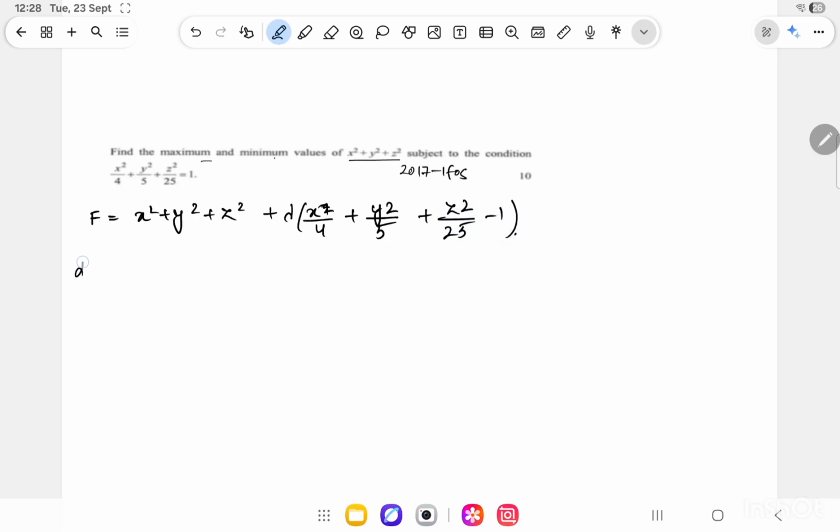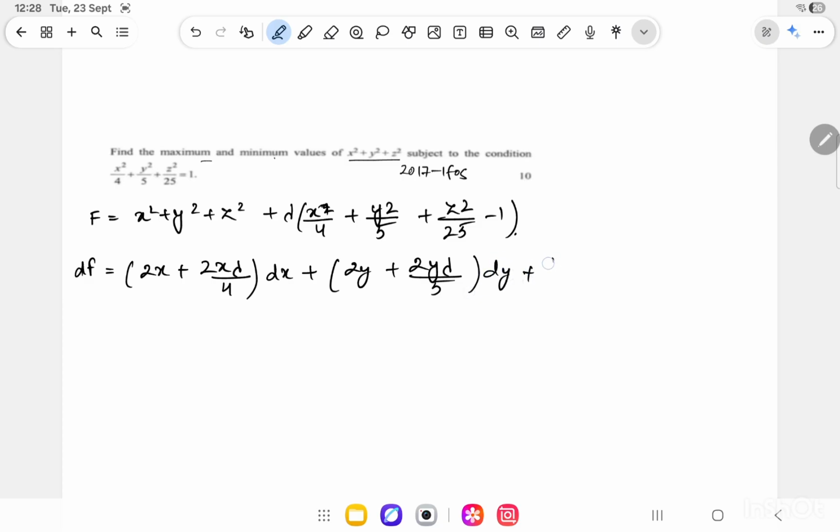Now if I take its total derivative, I'll get (2x plus 2x lambda by 4) into dx plus (2y plus 2y lambda by 4) into dy plus (2z plus 2z lambda by 25) into dz.